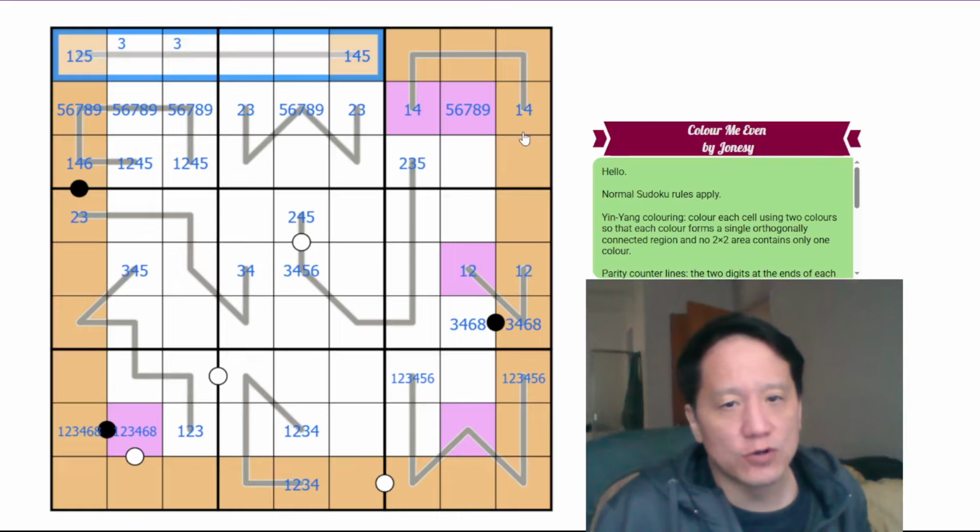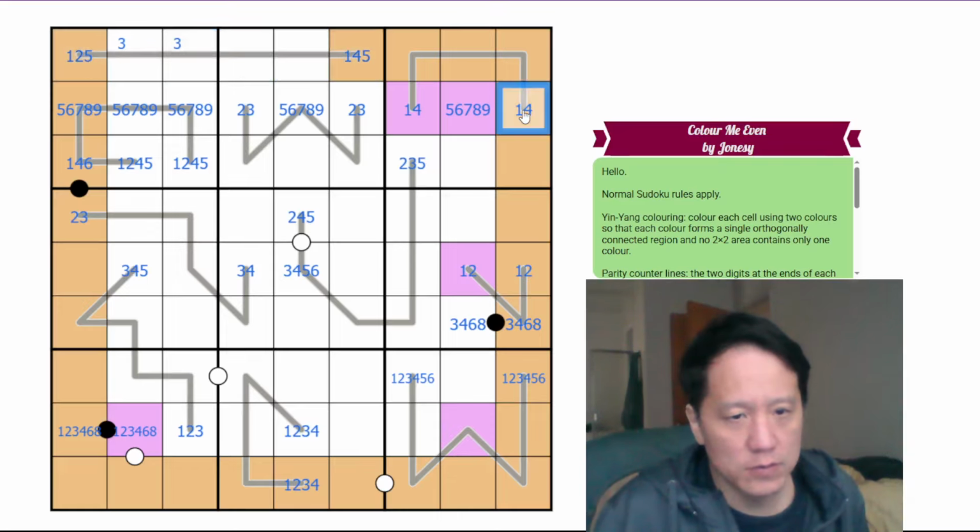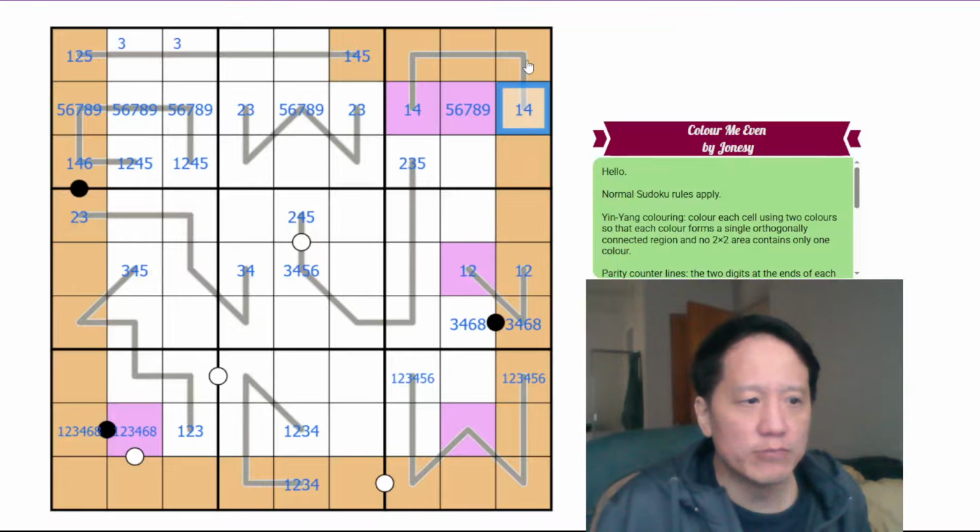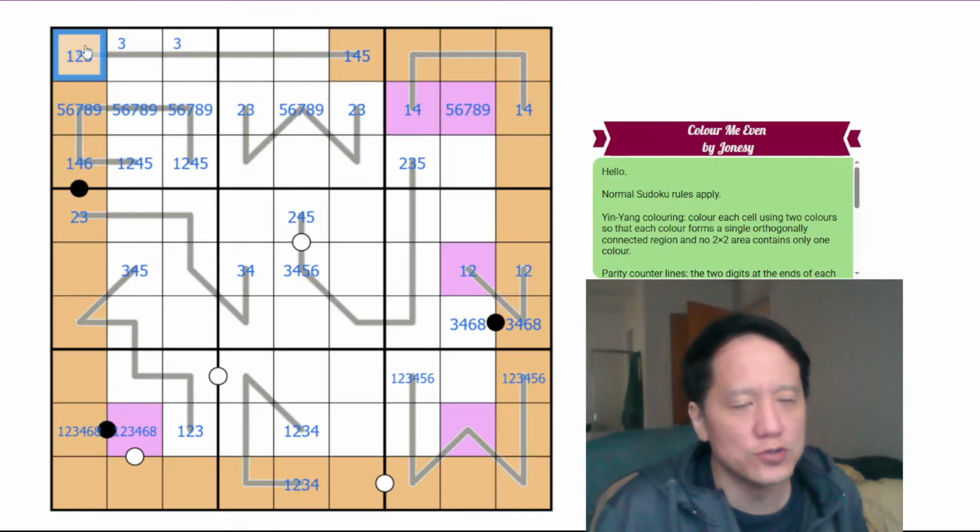If this were 4, that would mean these would all have to be even. And then this would be 1 and 5 at the end. If this is 1, all 3 of these would be odd, which would mean that's 4 and 2 at the end.